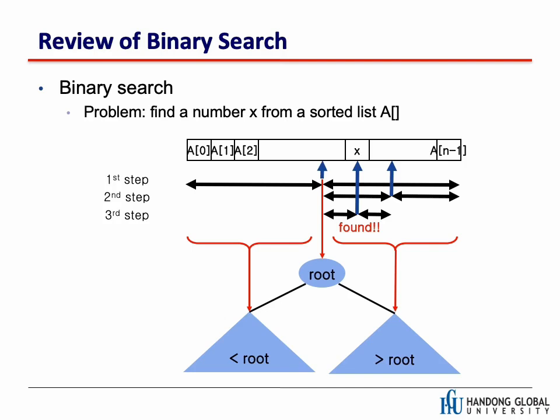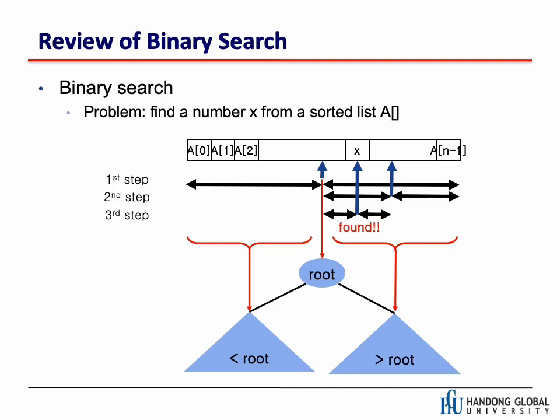In the list, the middle element corresponds to the root node. The left half corresponds to the left subtree, and the right half corresponds to the right subtree. Then with this tree structure, we can compare the root node.